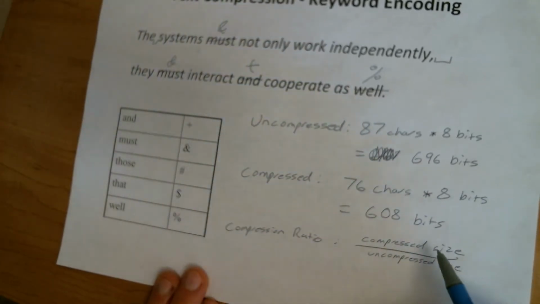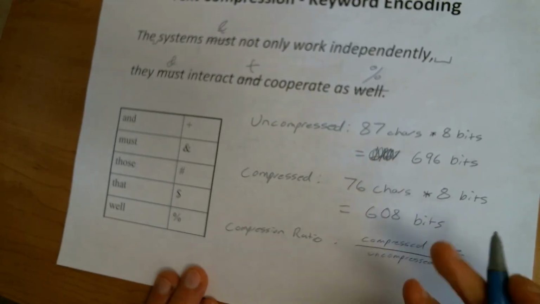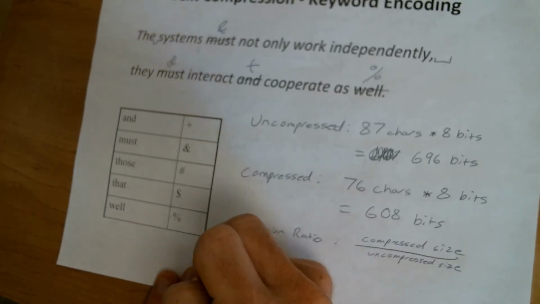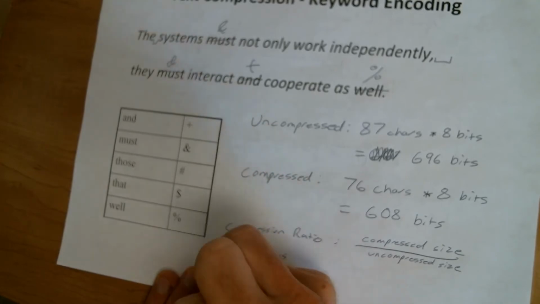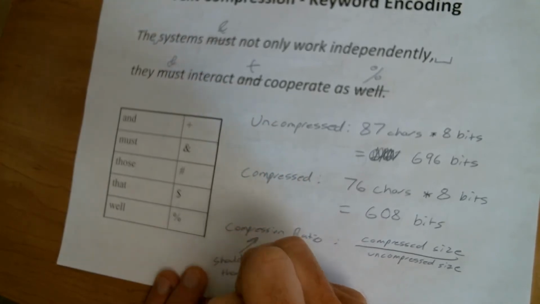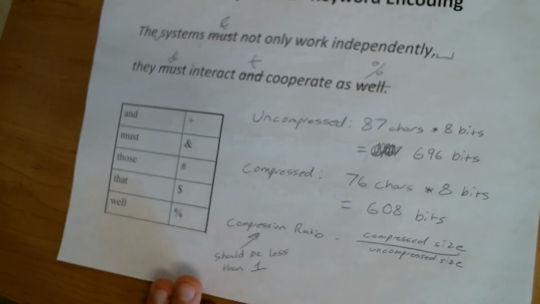Now, it should go without saying that if we're doing compressed over uncompressed, this number should always be smaller than this number, which means your ratio should always be less than 1. And the smaller it is, the greater compression you're getting. All right, the larger it is, you're not getting as much bang for your buck.